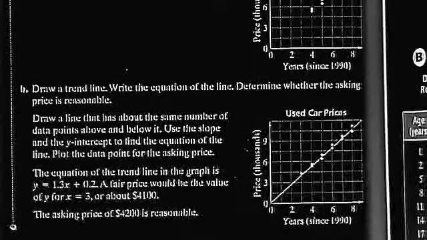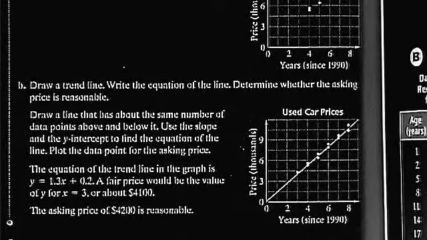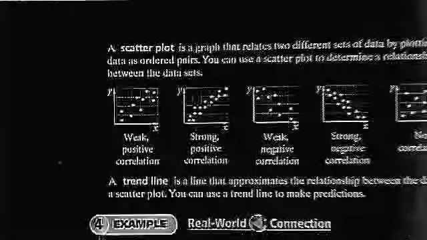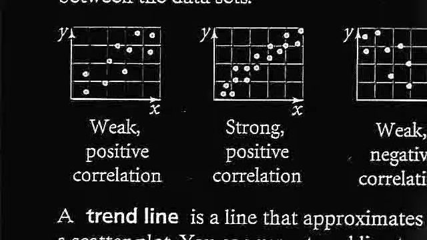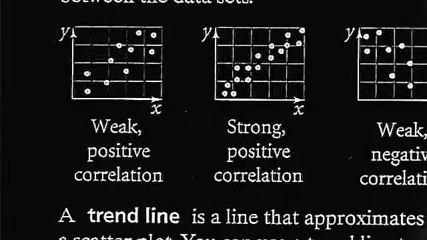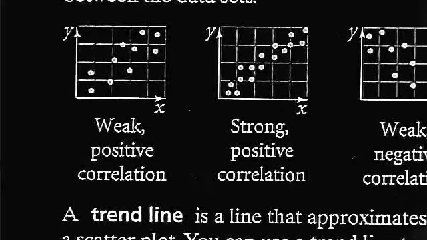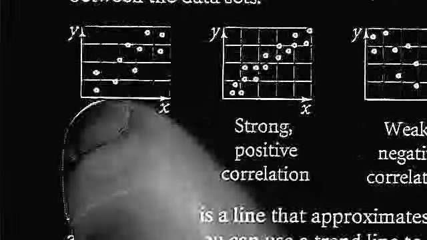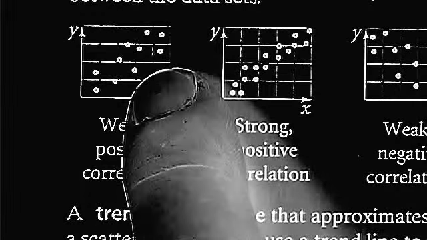Now, what makes a scatter plot reasonable for a line? Some of them are not going to be very good. At the top of the page, there are some pictures here. There's a word that we call correlation, which means how close the data fits to a line. Obviously, the trend line in this picture would be a positive trend line, but you can see that the data doesn't fall close to the line.